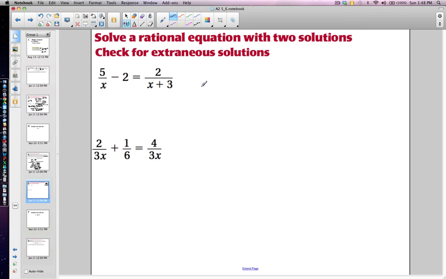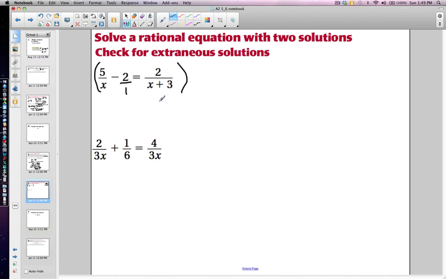All right, another example of the types of rational equations we might have. Now you see I have a subtraction problem here and an addition problem here. I can't just cross multiply. However, as I mentioned, cross multiplying is just multiplying both sides of the equation by the least common denominator.